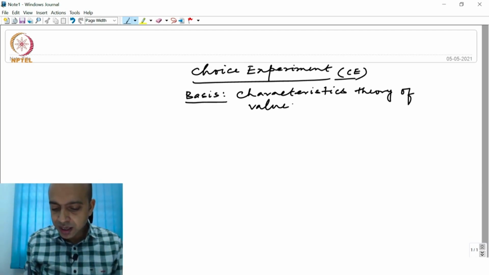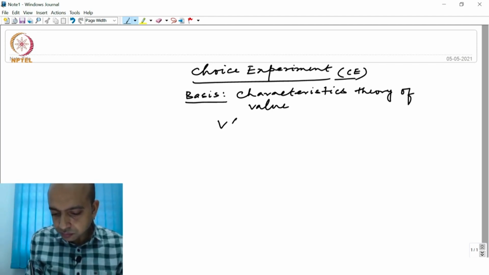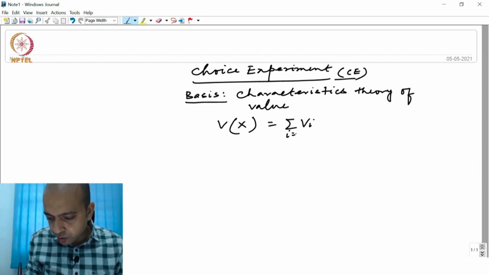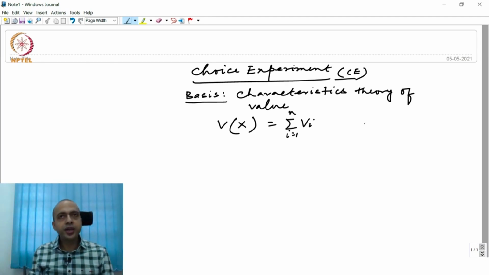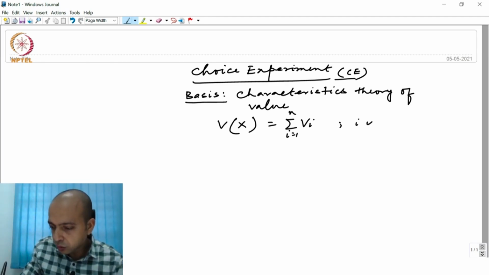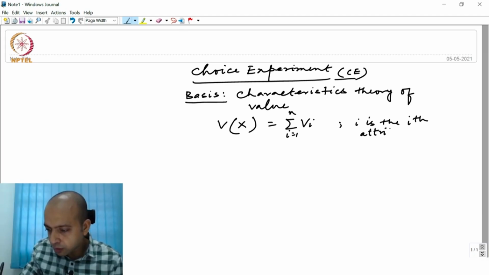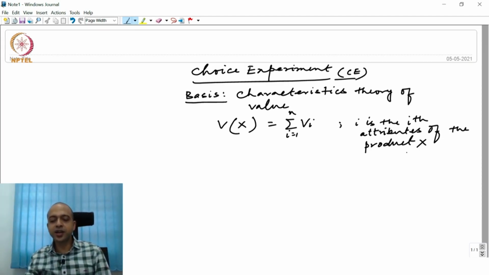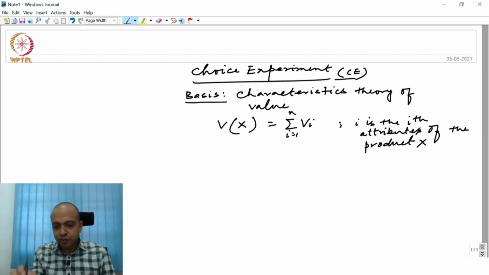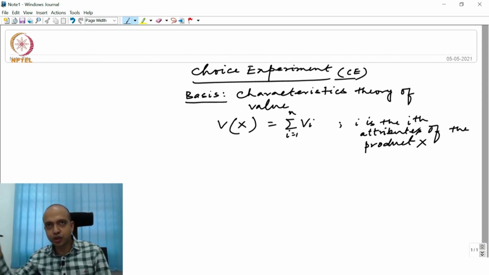Notationally, we can say that the value of a product, let's say X, is the sum of Vi, where i runs from 1 to n, where i is the ith attribute of the product X. That means this is nothing but V1 plus V2 plus dot dot dot Vn.